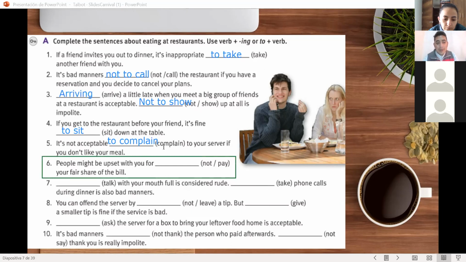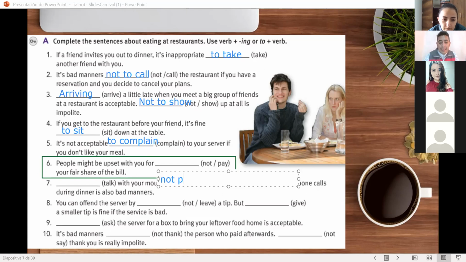Okay. Are you sure it's not to pay? Okay, the not is correct, okay? But if you have the book, you can review the grammar rules that we saw previously. Not paying. Yeah, that's it. Not paying.